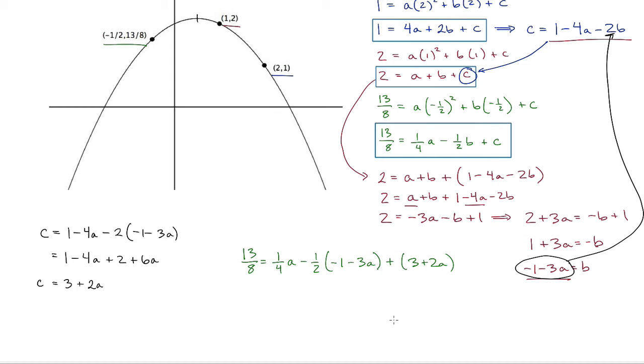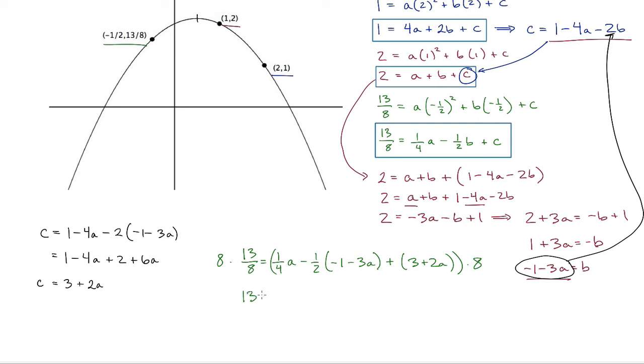All right, now I can simplify. And I'm going to simplify in a way that I prefer, which is getting rid of fractions if I can. I've got an eighth, a fourth, and a half. And to get rid of that, I can actually multiply both sides of this equation by 8. That's the least common denominator of those denominators that showed up.